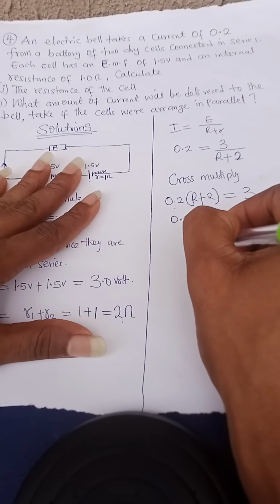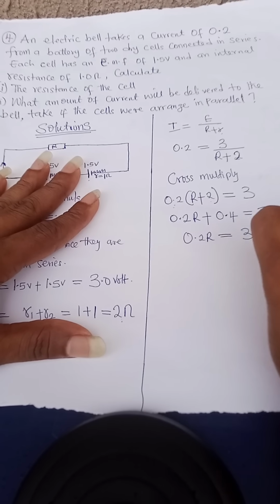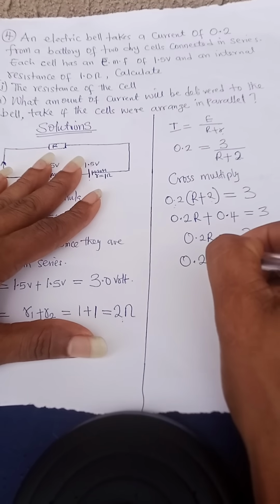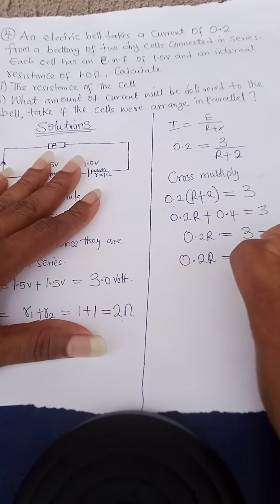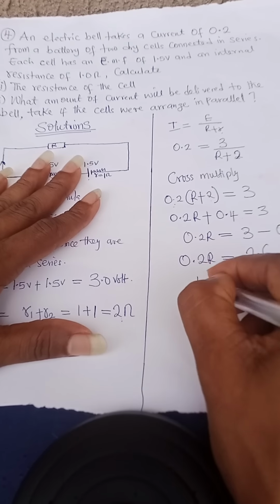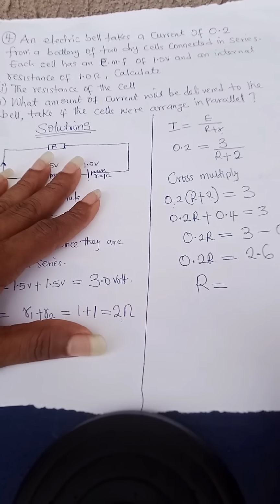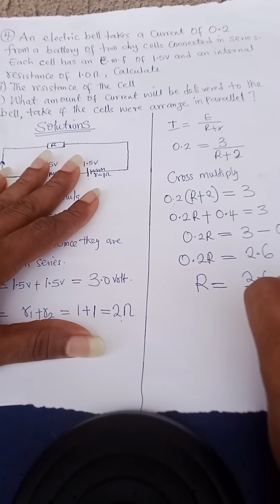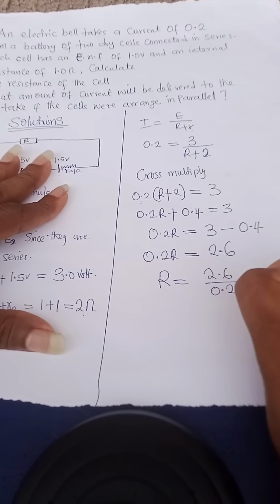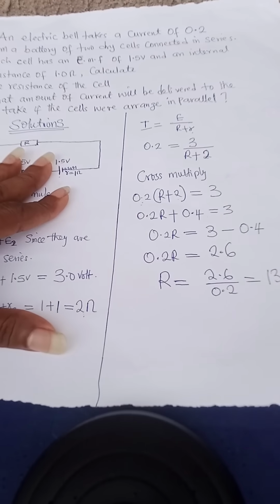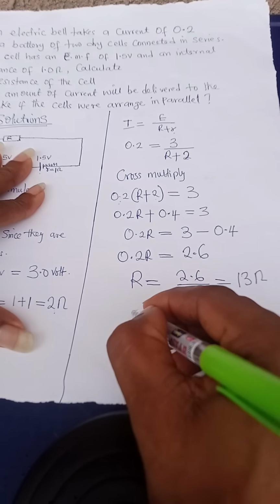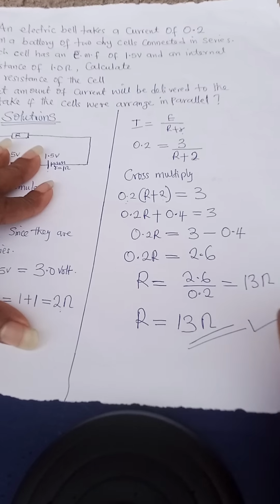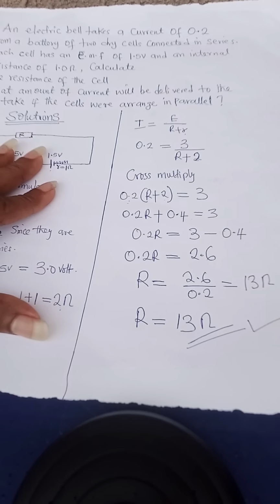So 0.2R is equal to 3 minus 0.4. 0.2R will give us 2.6. And if you make R the subject of the formula, you have R equals 2.6 divided by 0.2, which will give me 13 ohm. So the value of R is equal to 13 ohm. And that is the final answer.